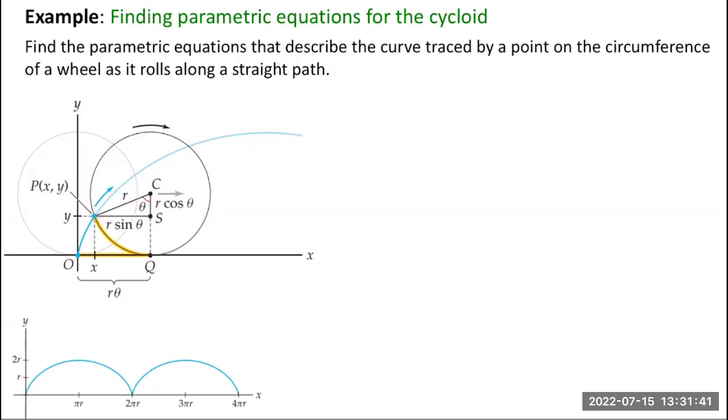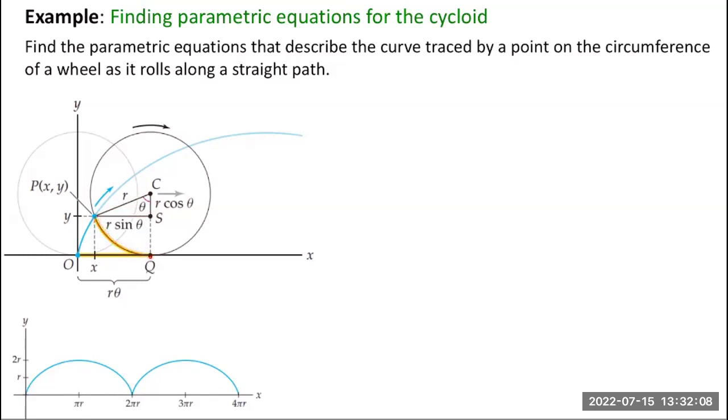Notice that if this is theta and the radius is r, this arc is r theta, right? That's pre-calculus. This is the arc length. The arc length of a circle is given by the formula r theta, because the radius is r and the angle is theta. So this arc length is r theta.